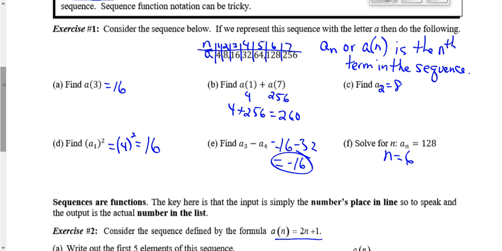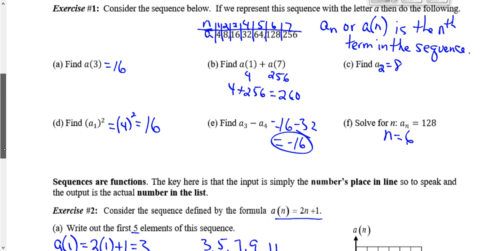That's all. And then when we graph it, this just becomes our x-axis, the place in line, and the y-axis is the output. It's just a different type of line, that's all.